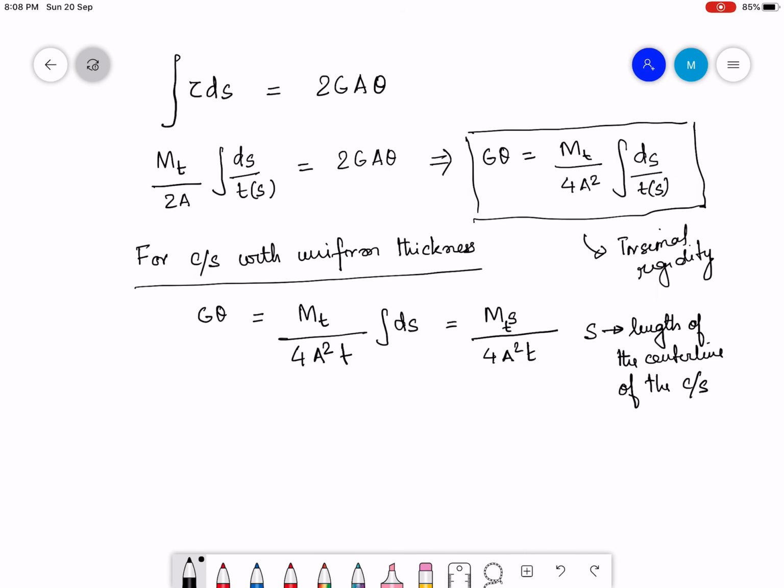Now that we have done a lot of derivation, let me quickly summarize the main equations that you need to remember.